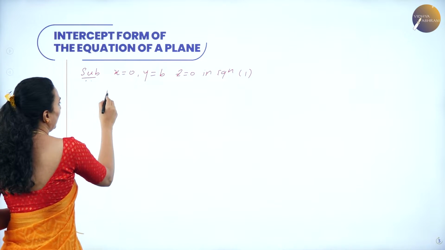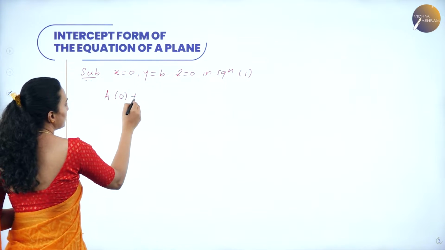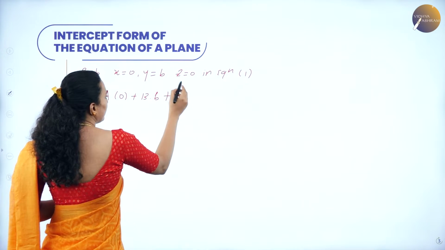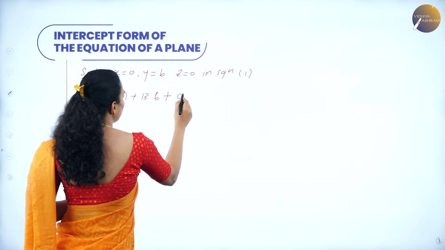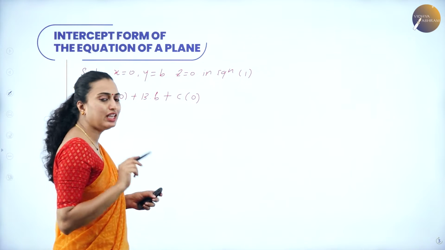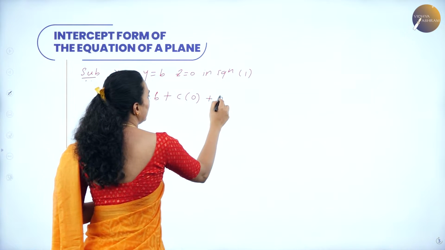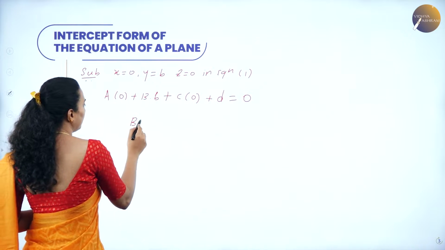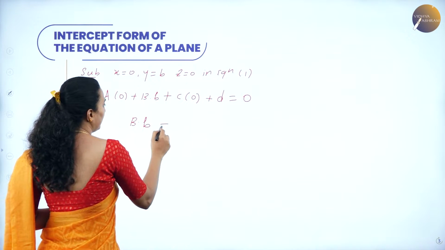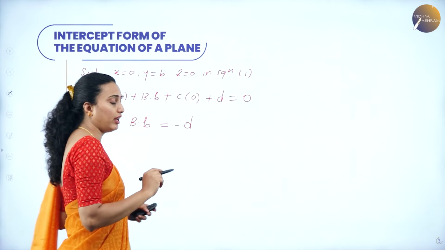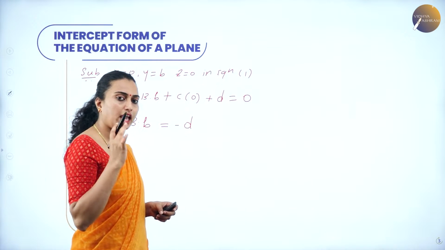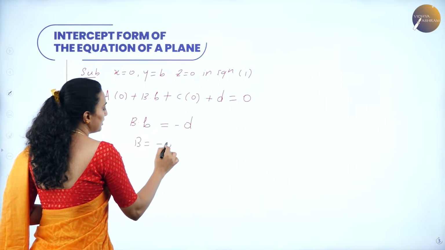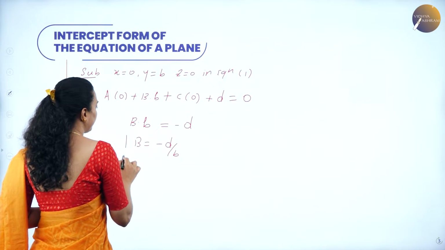So that is a into 0 plus b into capital letter B plus you are having c into 0, so c into 0, plus d is equal to 0. So you can have capital letter B written as: B will be equal to minus d divided by b.